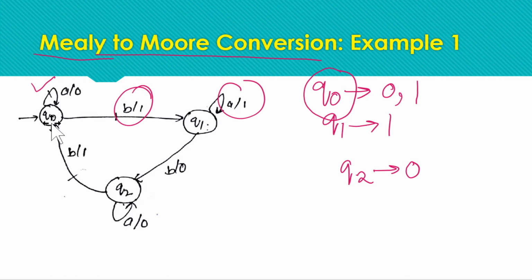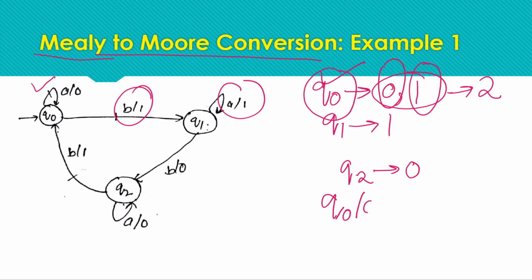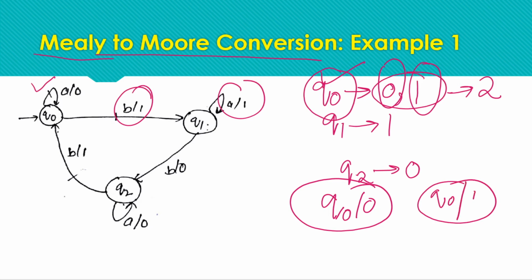So in the Moore machine we need 2 states to represent Q0, one for output 0 and one for output 1. So we will have Q0 with output 0 and one Q0 with output 1 in the equivalent Moore machine, right?